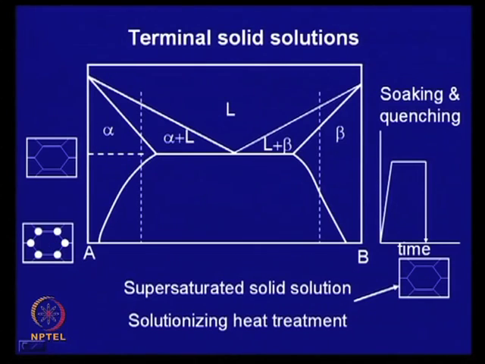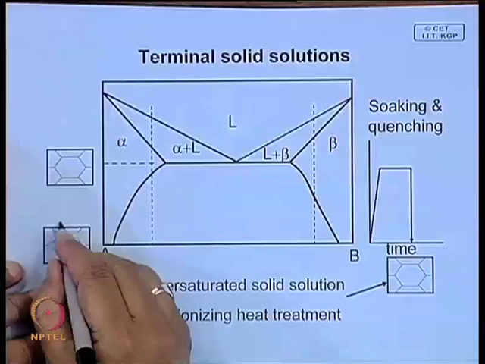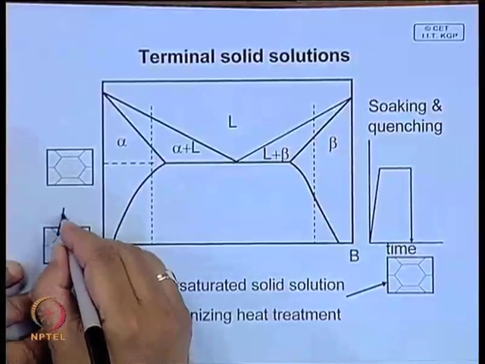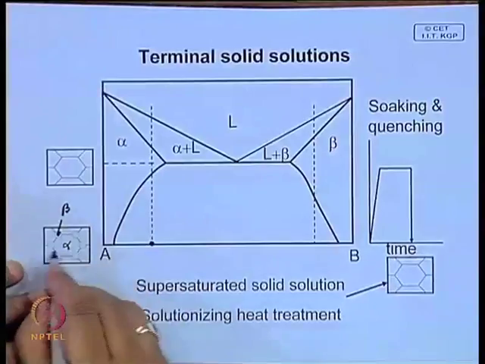If you take a supersaturated solid solution and look at this, this is the microstructure at room temperature. Here this is alpha and these are the precipitate beta. This is the equilibrium structure at this temperature.